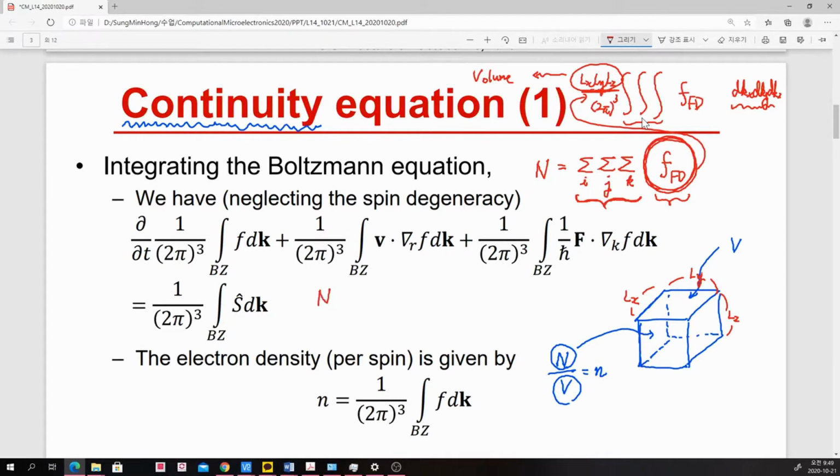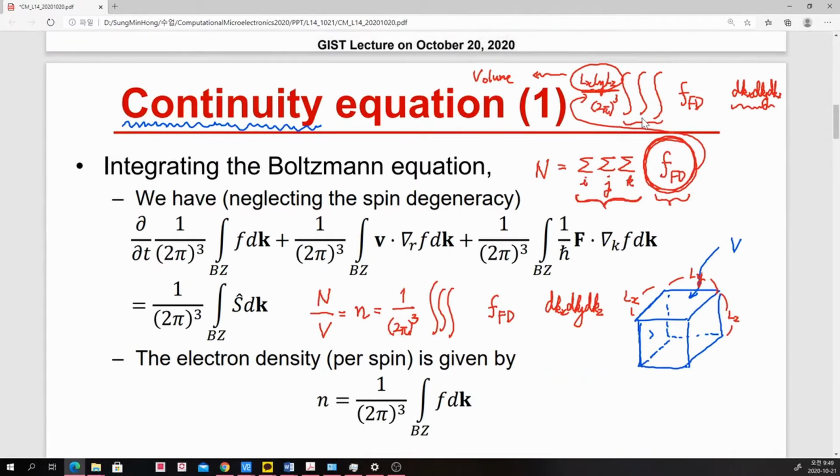So n over V, which is defined as electron density, can be expressed as 1 over the cube of 2 pi, and the triple integral dkx, dky, dkz, and the distribution function. That is the thing we have covered in our previous lecture. So when you consider the three-dimensional box problem, we have already introduced this expression.